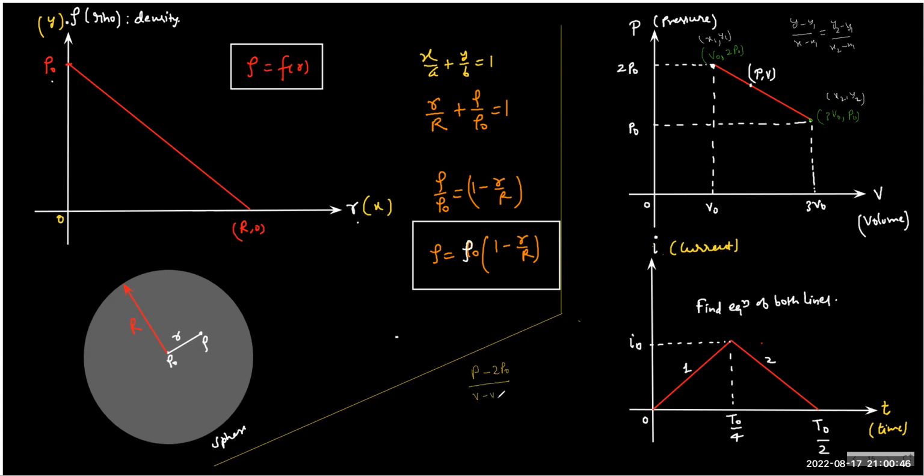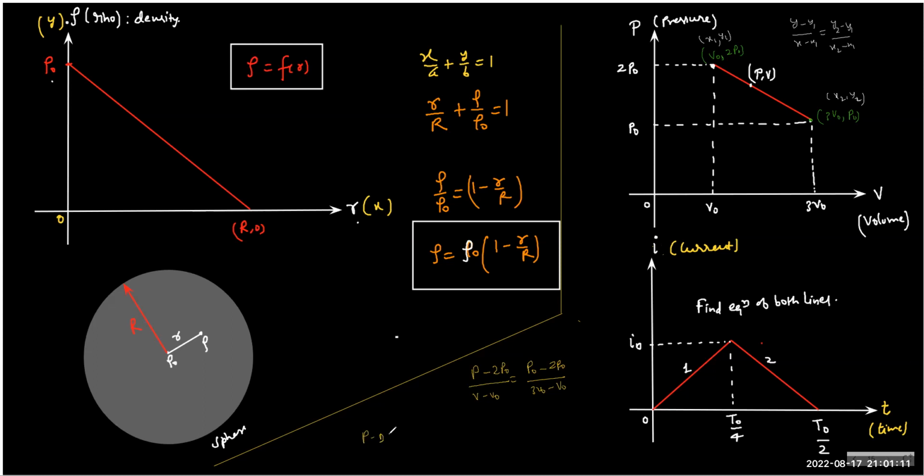V0. Very good. What is y2? P0. What is y1? 2P0. And what is x2? 3V0. And what is x1? V0. You are done.